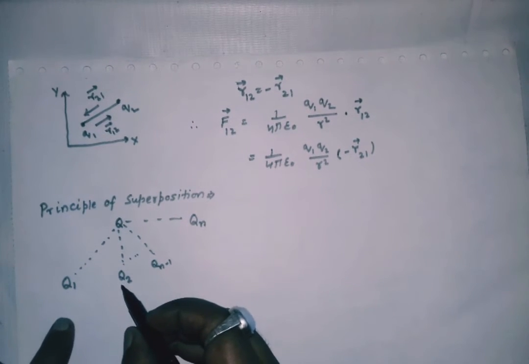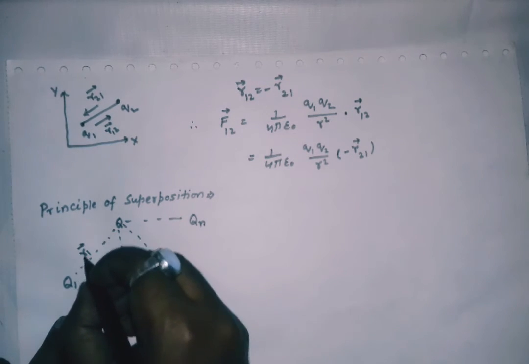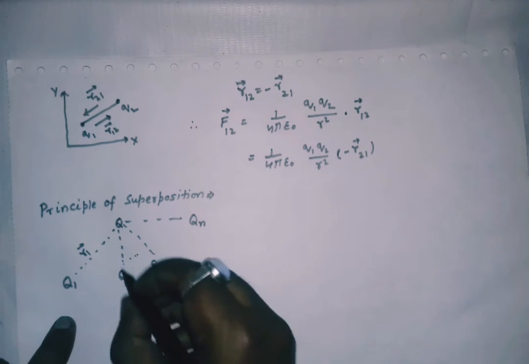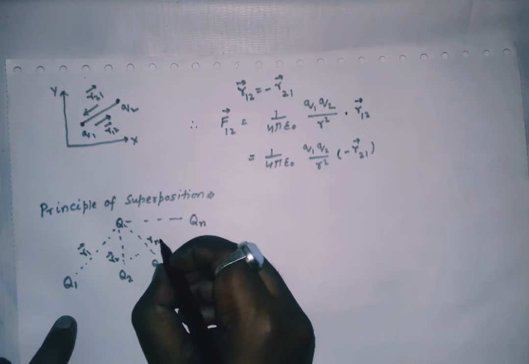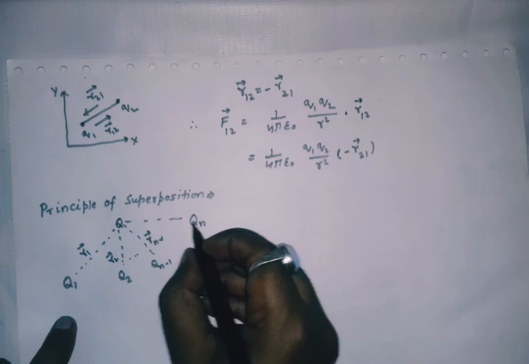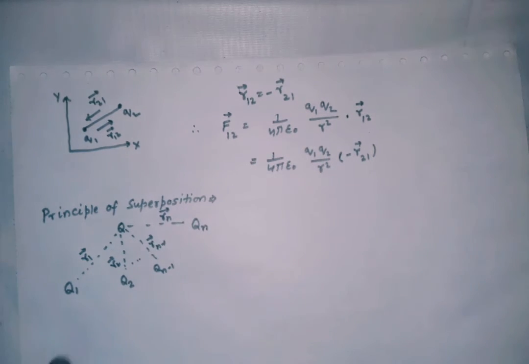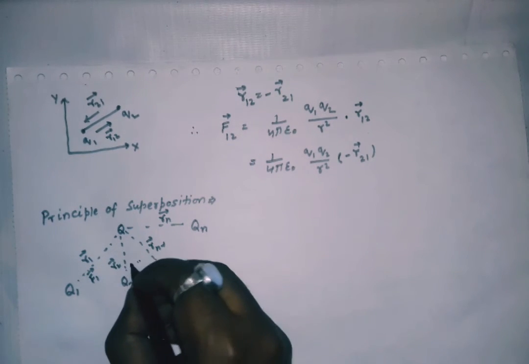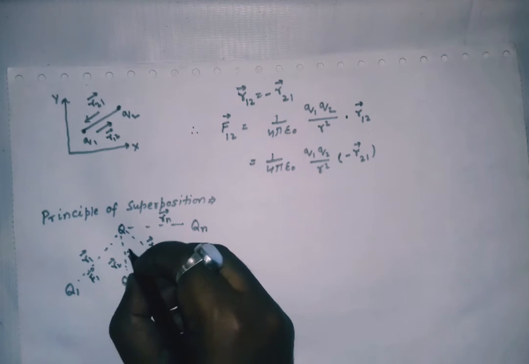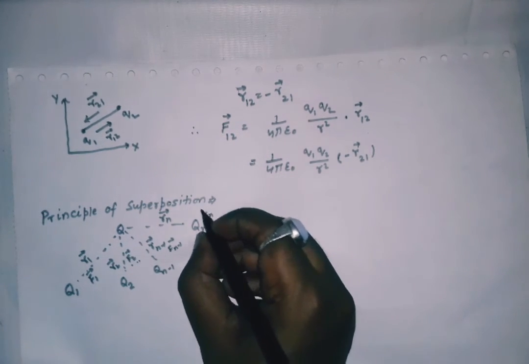Suppose the position vector between q1 and q is r1, q2 and q is r2, qn minus 1 is rn minus 1, qn to q is rn. These are the position vectors, and suppose the forces between them are f1, f2, fn minus 1 and fn.